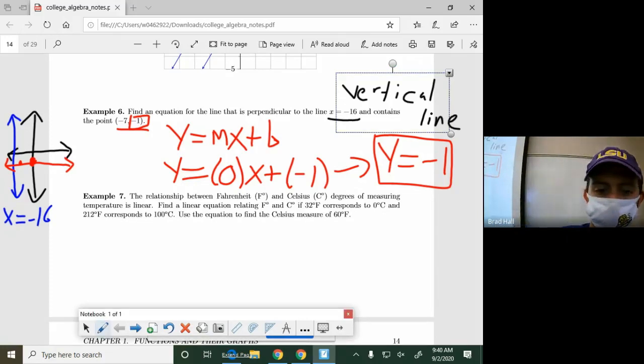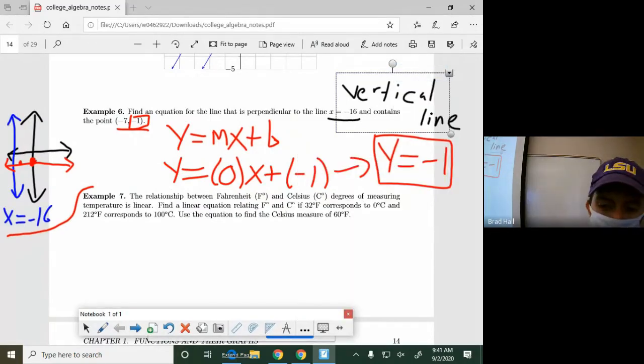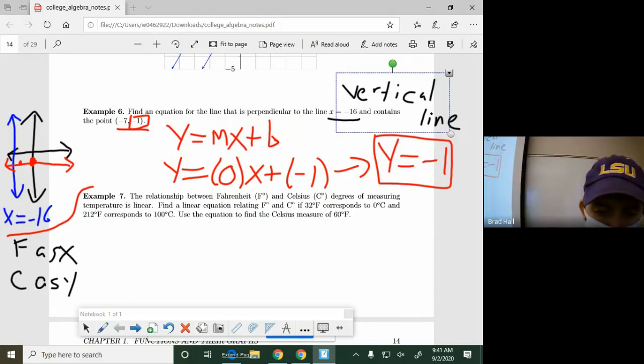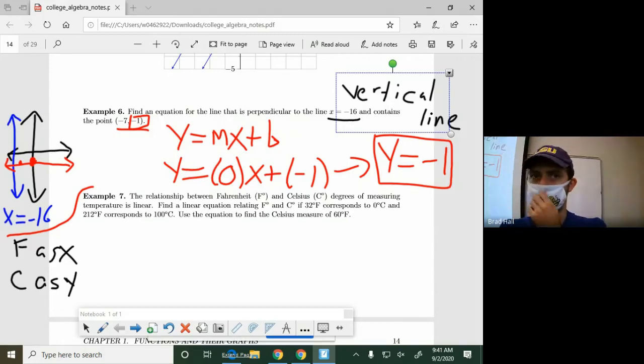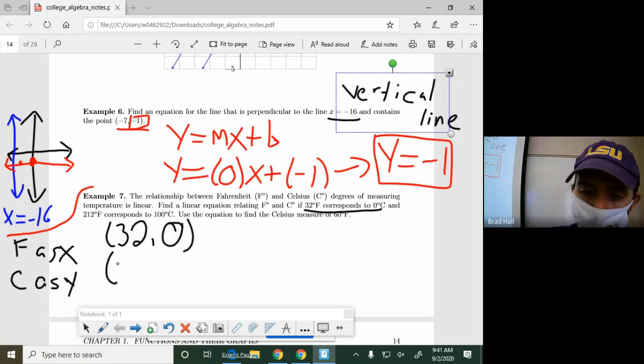So in particular, we can treat F as X and C as Y, which means now we have an input and an output. 32 degrees corresponds to 0 degrees, or an input of 32 results in an output of 0, and an input of 212 corresponds to an output of 100.